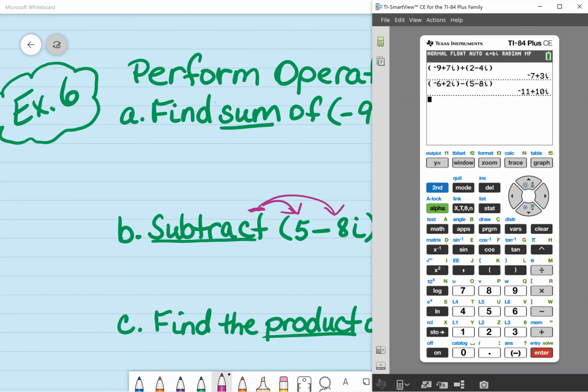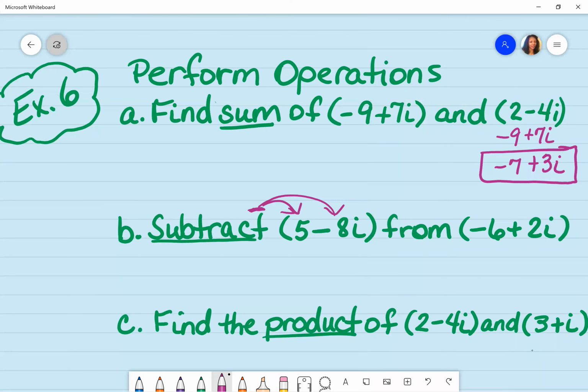And that is going to be -11 plus 10i. Again, let's see if that's correct. I'm going to be changing the signs manually because that's what that means over there, -11 plus 10i.